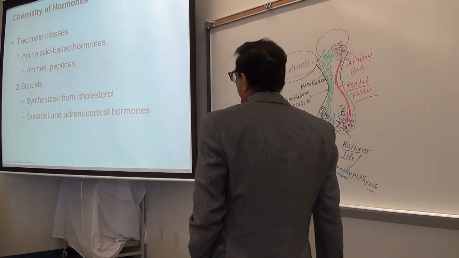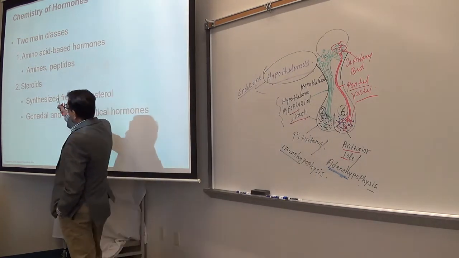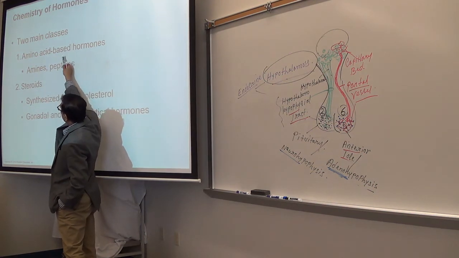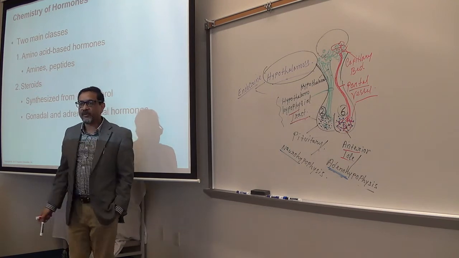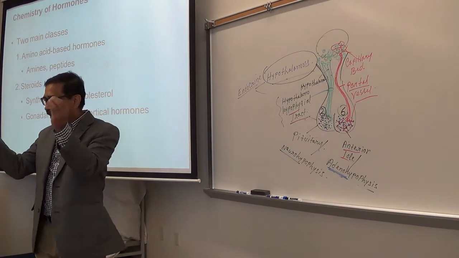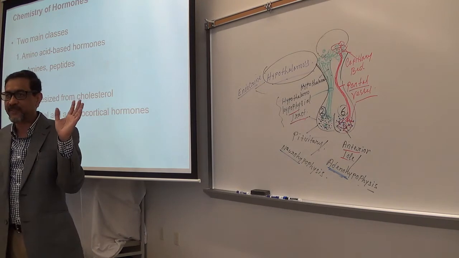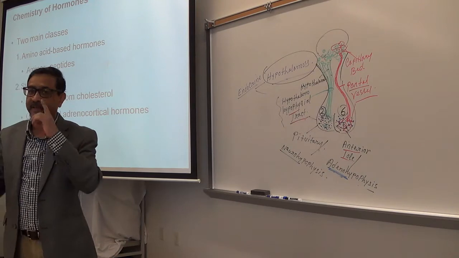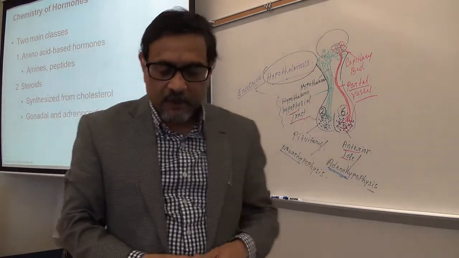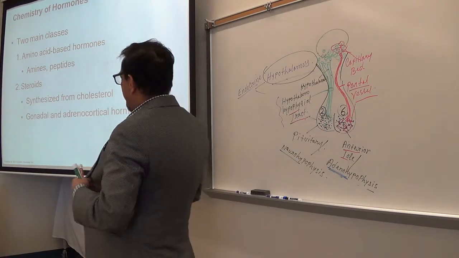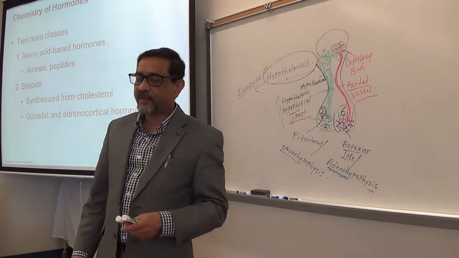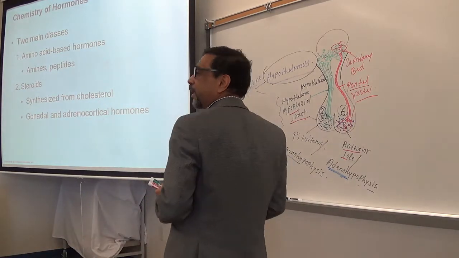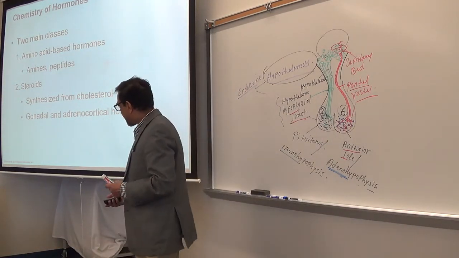So steroid hormones are cholesterol or lipid based hormones. Amino acid hormones are protein type hormones. Make sense? Because we know that protein molecules are formed by amino acids. Amino acids join together to form the protein molecules, a chain. We have talked about that here. So some hormones are protein in nature or amino acid in nature. Some hormones are steroid or lipid or fat in nature.